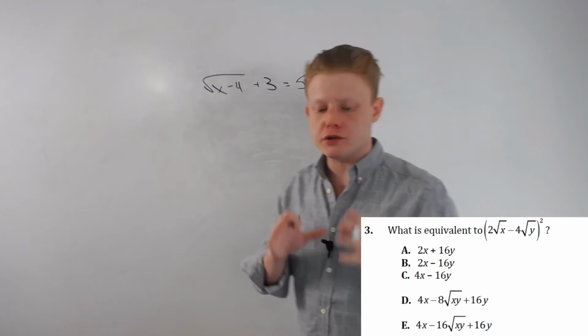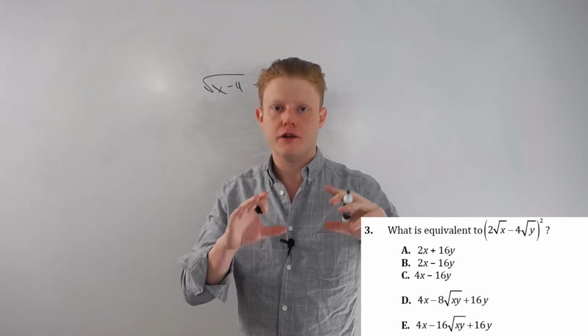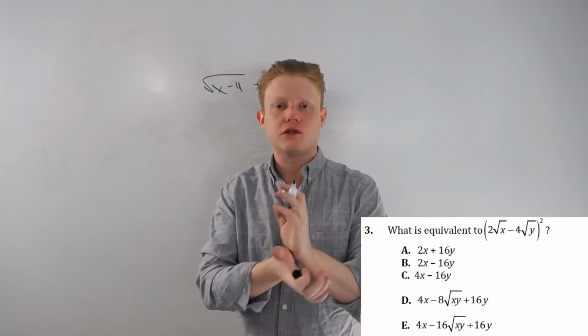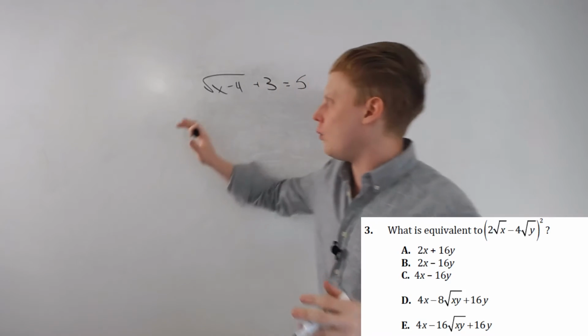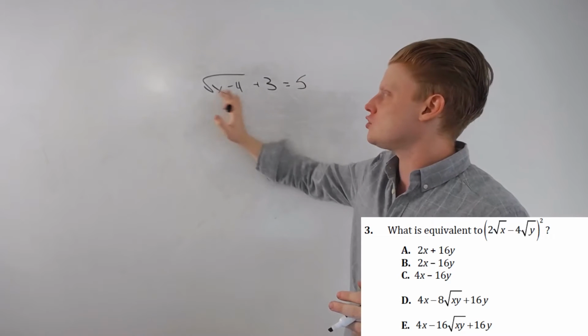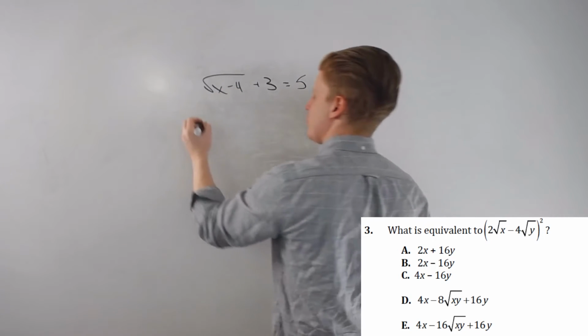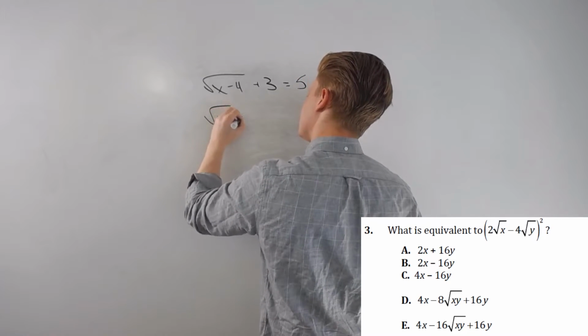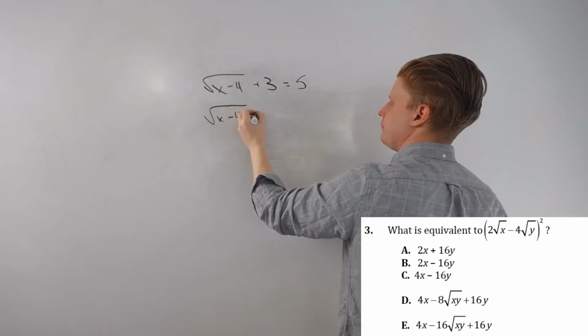I can only square sides of equations. I can't square just the numbers. So to square a side, it means I have to square everything, and it can get really messy. So I want to make the equation as simple as possible and try to get this radical all by itself on one side. To do that, I'm just going to move that 3 over. I can't split this radical because it's addition and subtraction.